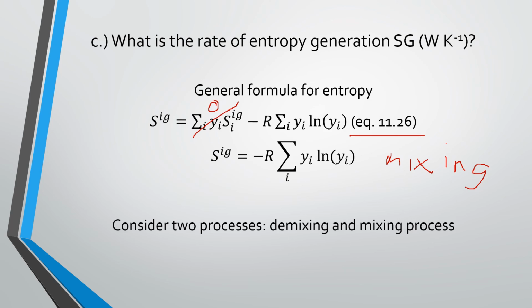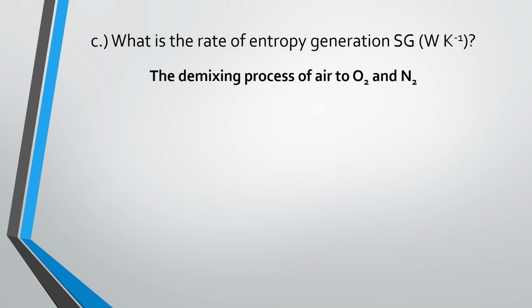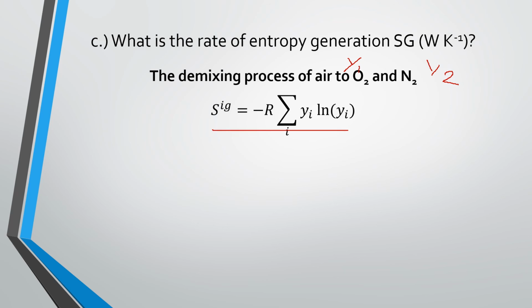In this problem, consider two processes, the demixing and mixing process. Let us first take into account the demixing process of air into O2 and N2 in the inlet stream, where O2 is y1 and N2 is y2. This formula was given from the previous slide.